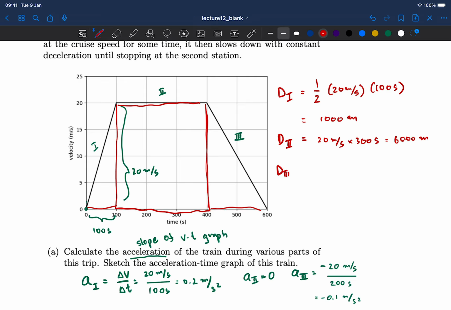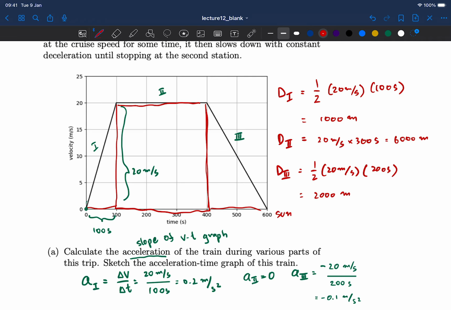And then the last part is also a triangle, so it's 1/2 times 20 times the base, which is 200 seconds. Okay, so it's 400 to 600 seconds, so that's going to be 2,000 meters.